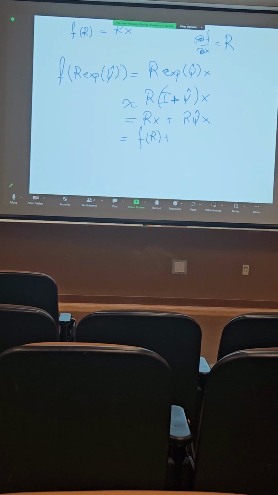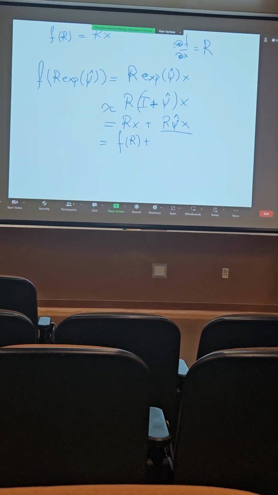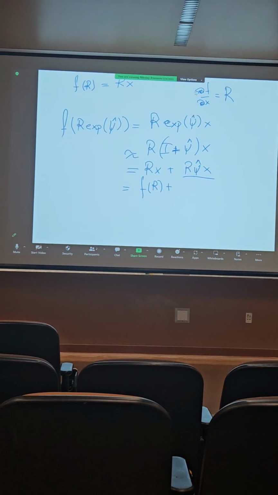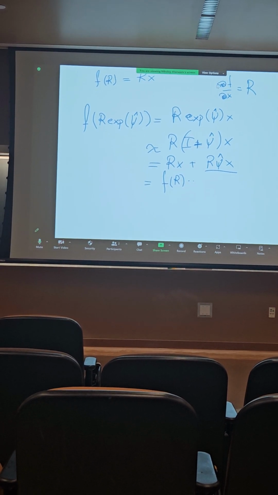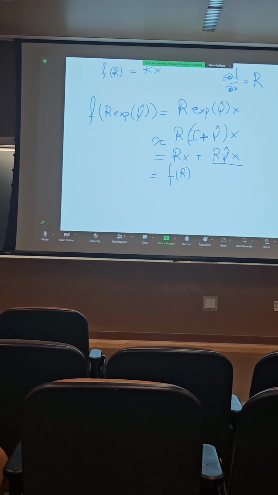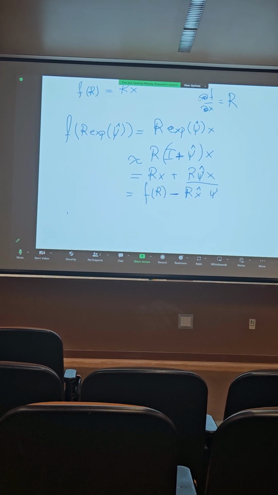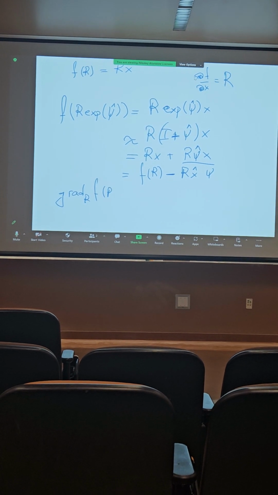So this here is f bar, right? And how about this term? It needs to be linear in psi. So we use the same trick we did before, the minus for the hat. So it's minus R hat x times psi. Okay, so then what is the gradient with respect to R of f of R?